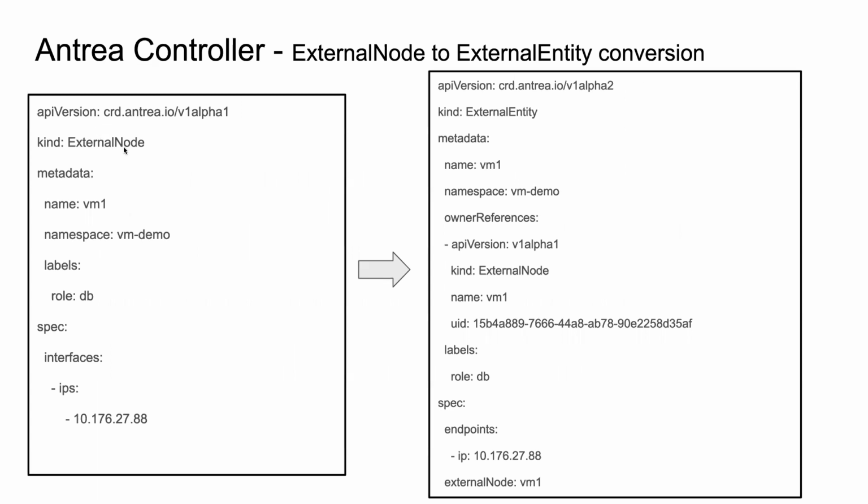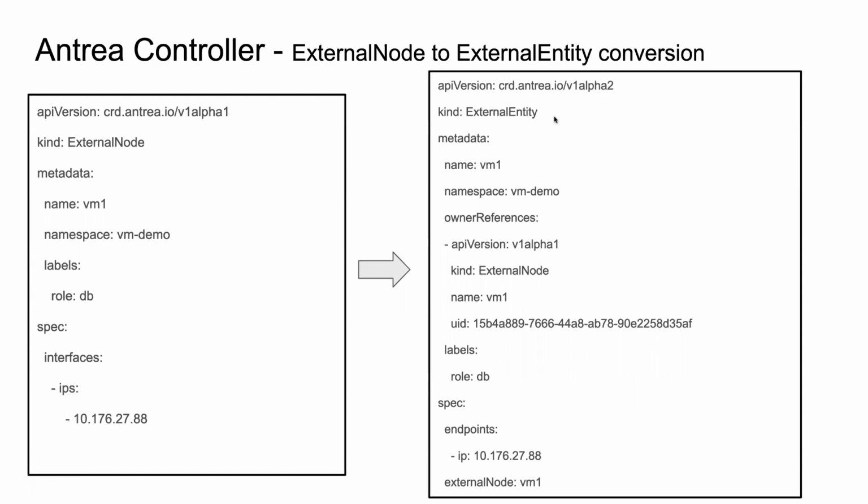We define an external node, which is called VM1 under the namespace VM demo. It has the labels role equals DB, and it has the interface.